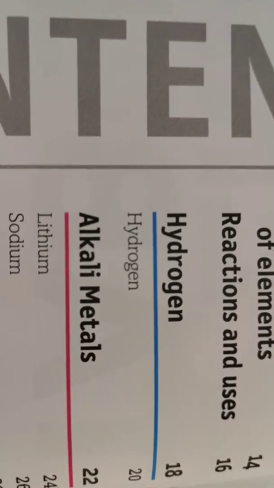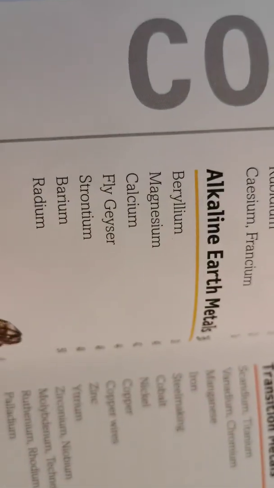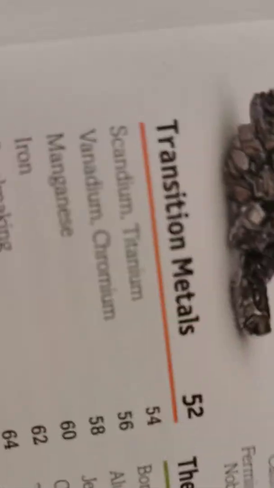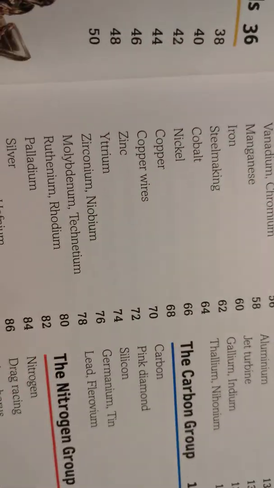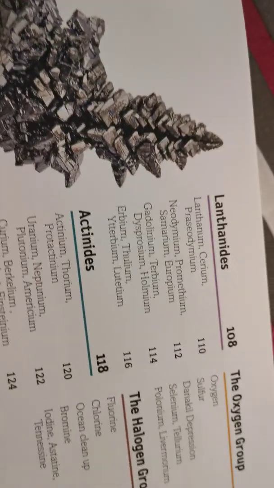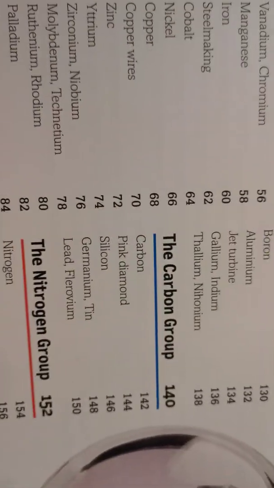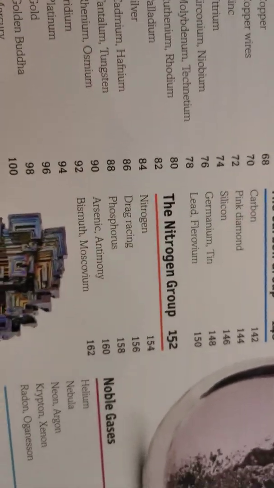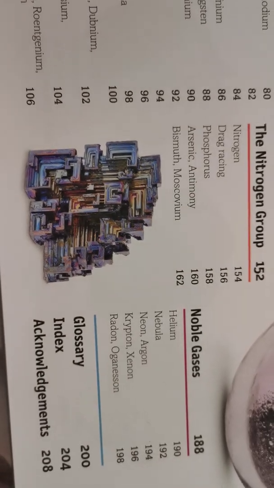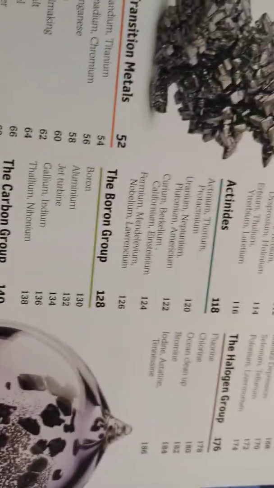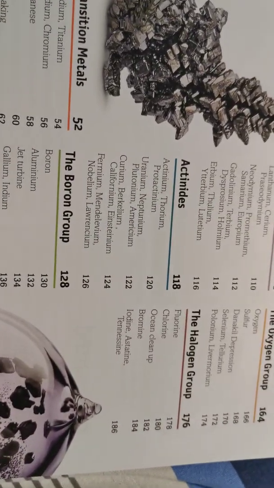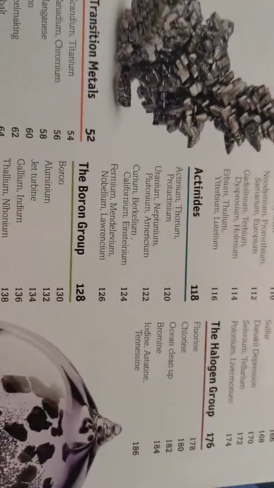There is hydrogen, alkali metals, alkaline earth metals, transition metals, lanthanides, actinides, the boron group, the carbon group, the nitrogen group, the oxygen group, the halogens, the noble gases, and the glossary. So let's get straight into it.